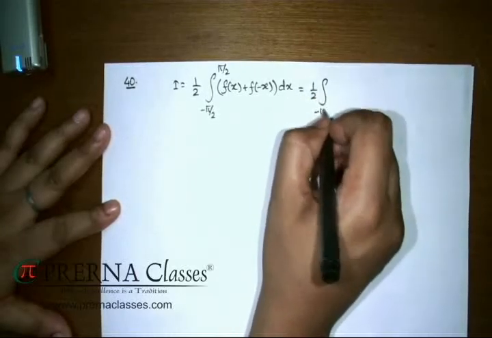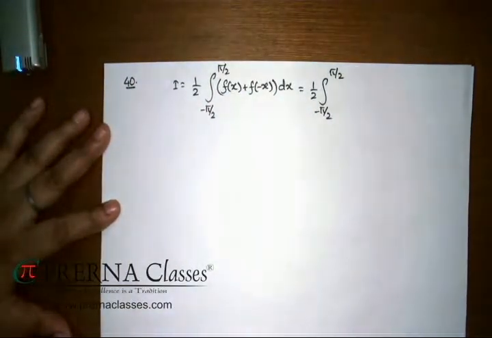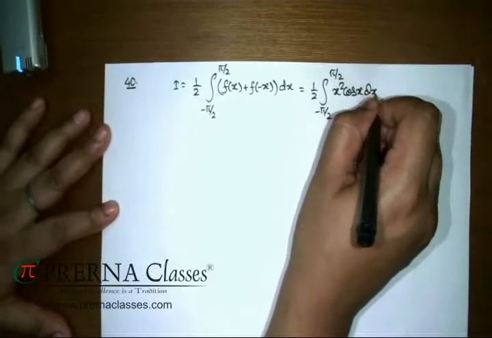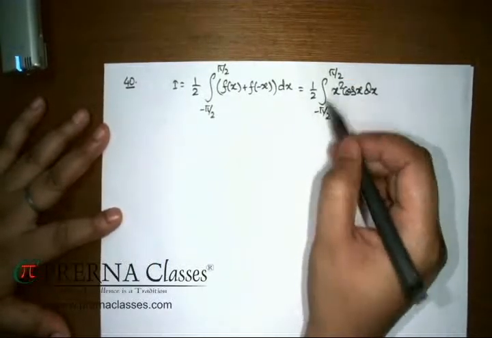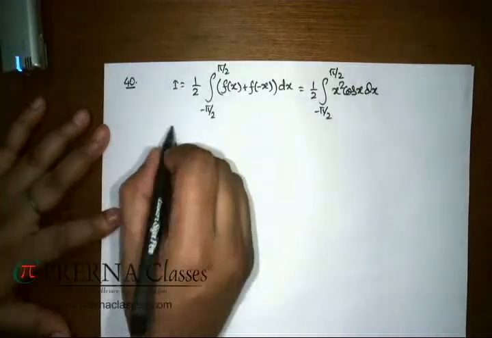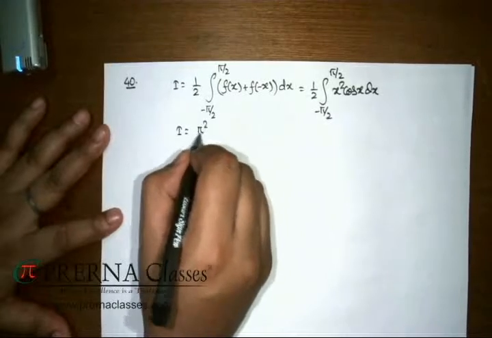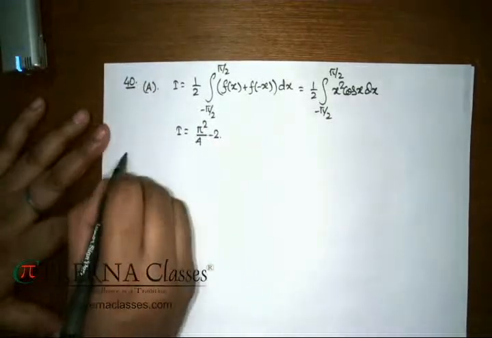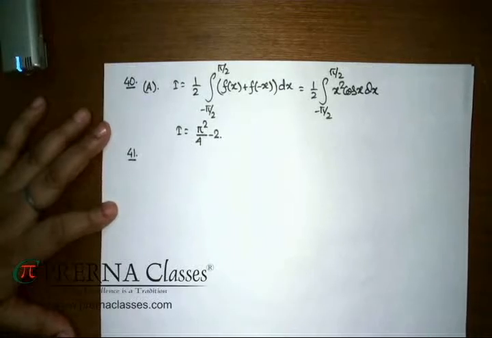If you utilize this fact here for that function f(x), you will find that it's free from the exponential part, which is clearly going to create problems while integrating that function. The net function you are left with is this. Since this is an even function, you can cancel this half and make it 0 to pi by 2, and then you have a product of two functions, use integration by parts, substitute the limits, and hence you will end up getting the final answer as this quantity, which is option A.